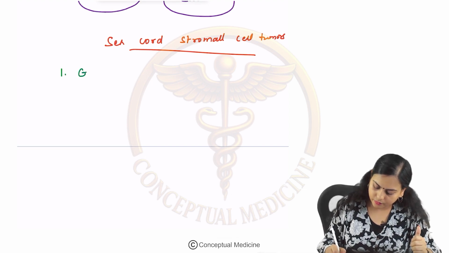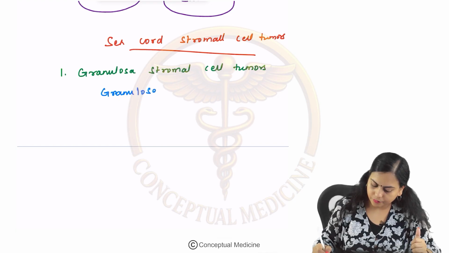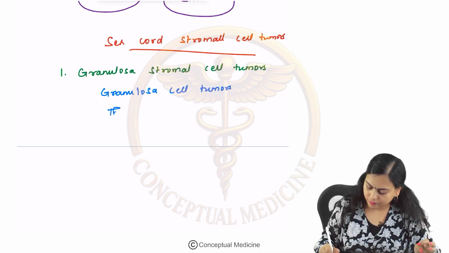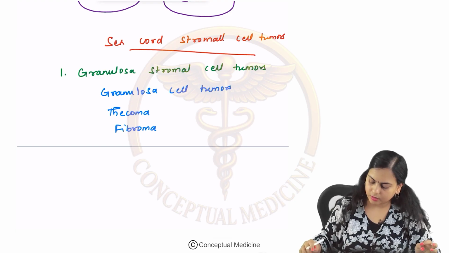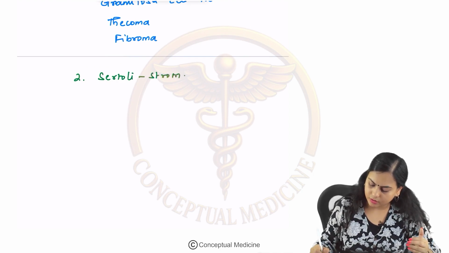That will include granulosa stromal cell tumors like granulosa cell tumors, thecoma, fibroma, and the second one is Sertoli stromal cell tumors.